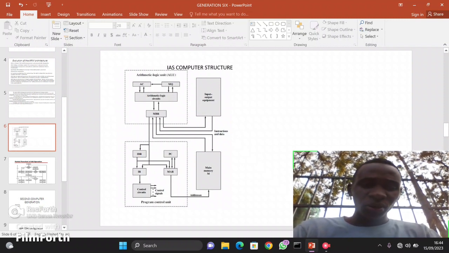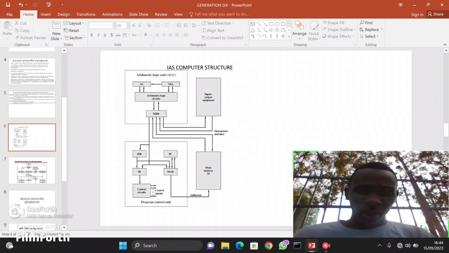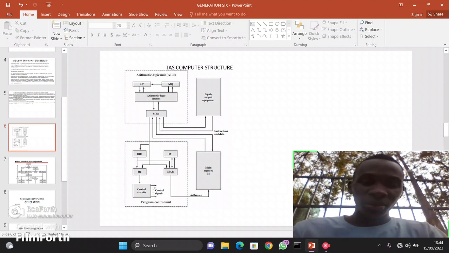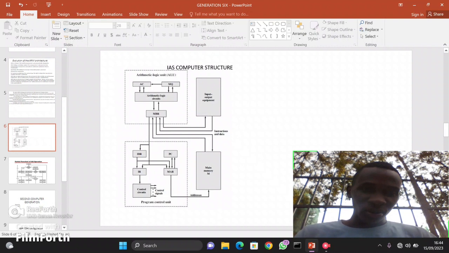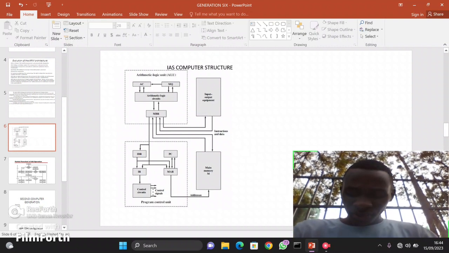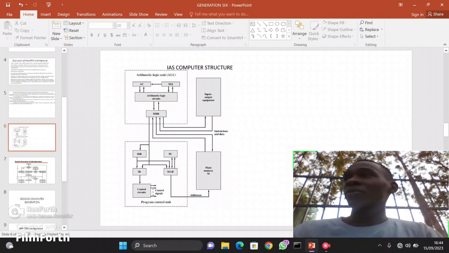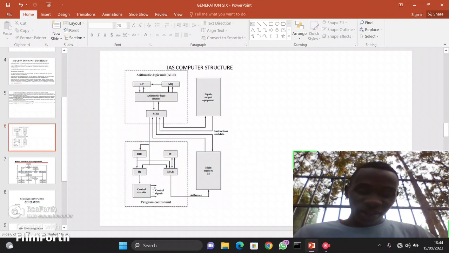As you can see, there are control circuits and the control signals. So the main memory labeled M, the input output equipment, and looking at its structure, we can mention a few of the uses of the registers.